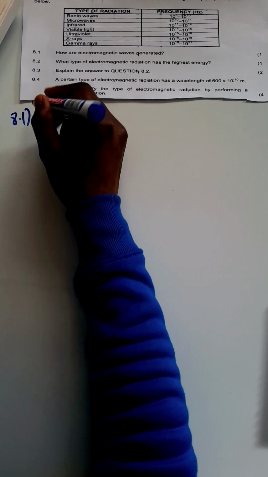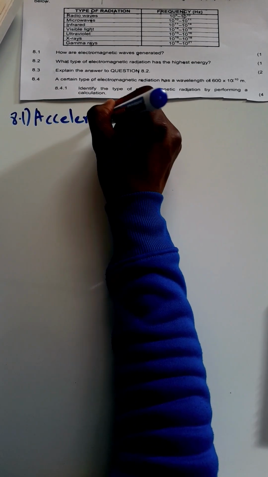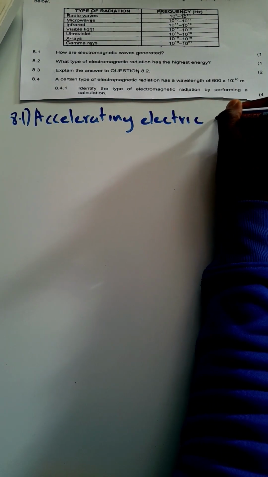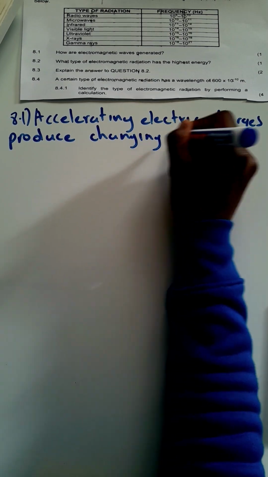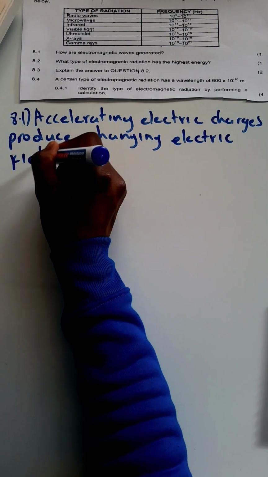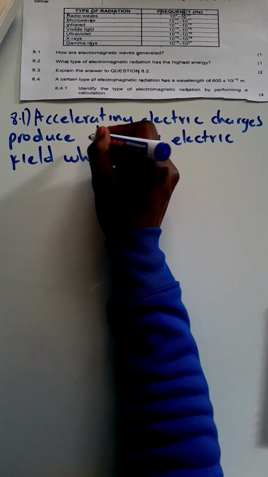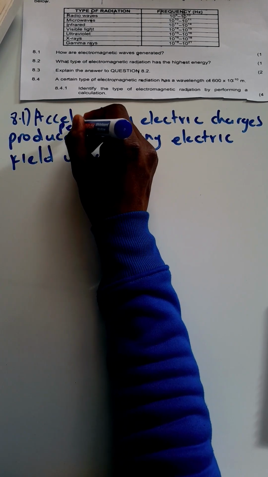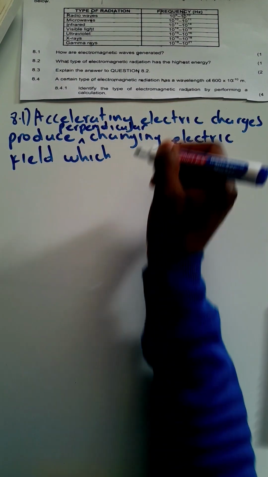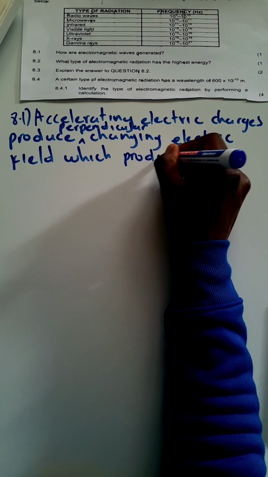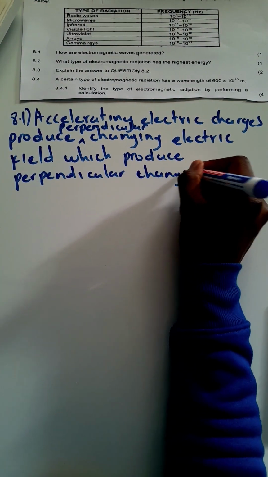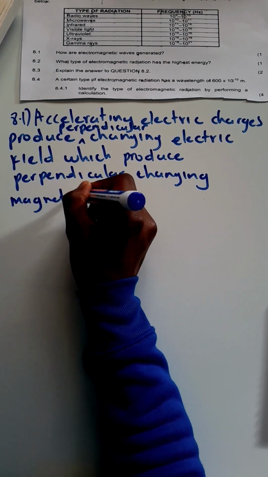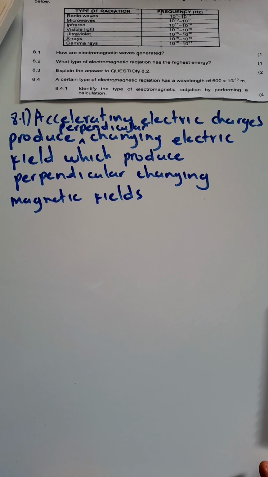So 8.1 there, we say that accelerating electric charges produce changing electric fields, which produce perpendicular changing magnetic fields.